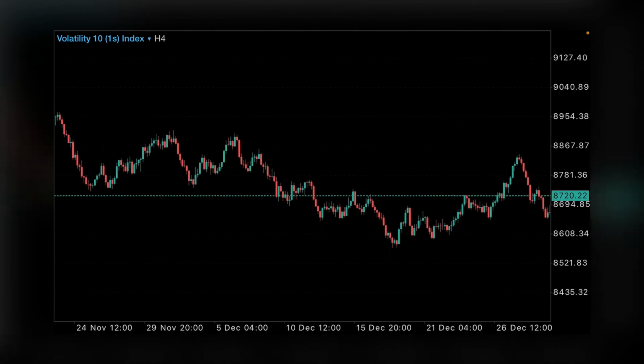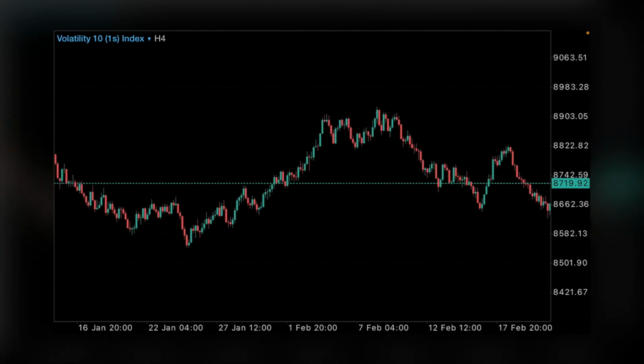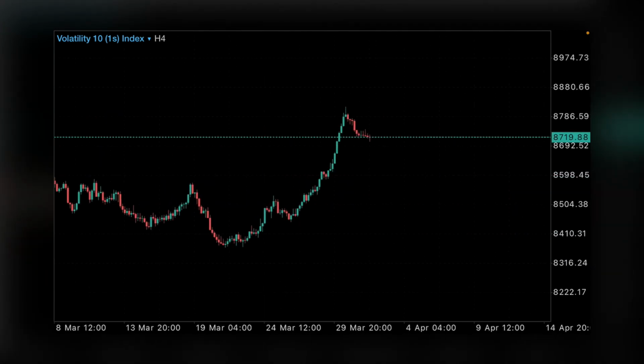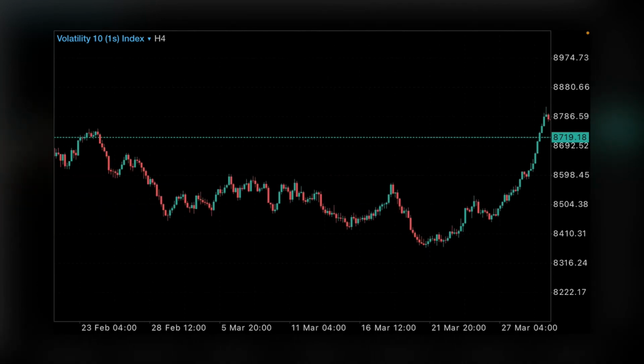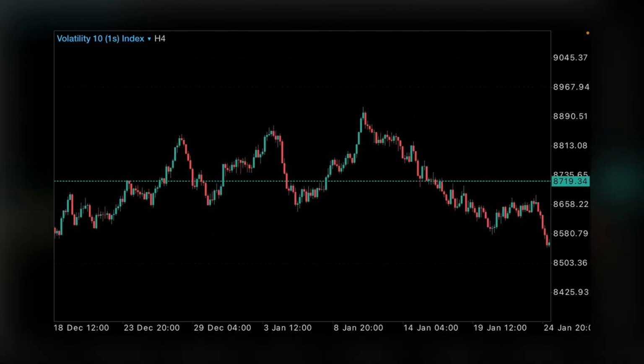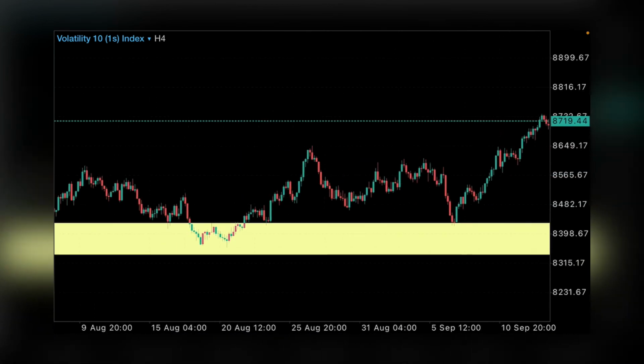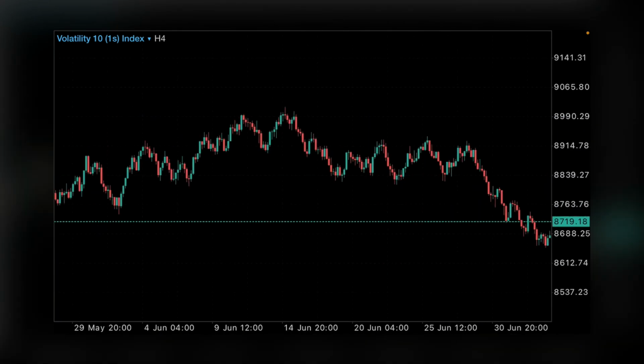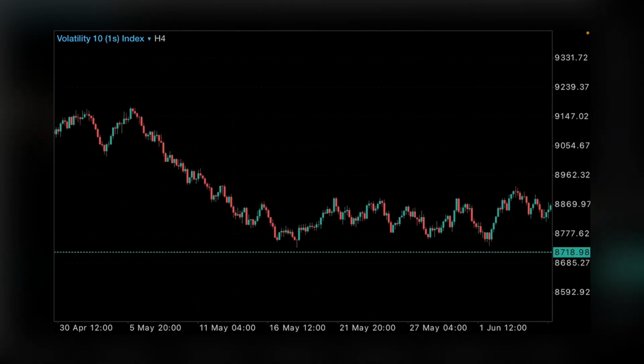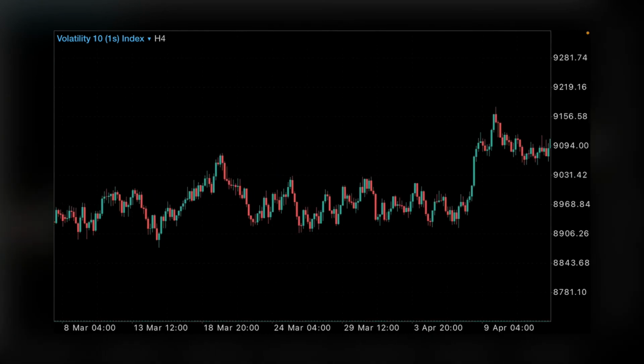Then in a sideways market, or should I say price moving horizontally, or the range bound market, price only creates highs and lows. Remember, price is just moving along a support and resistance level horizontally.